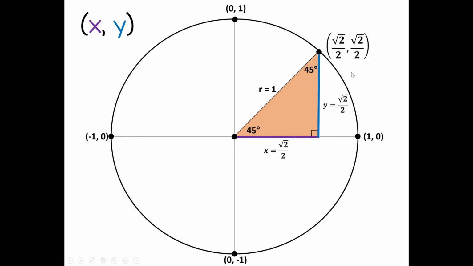And that's how I get that ordered pair right there. The cosine was the purple line and the sine of that interior angle represented the blue line, right? It was the y value. So the cosine was the x value and the sine was the y value for this interior angle.